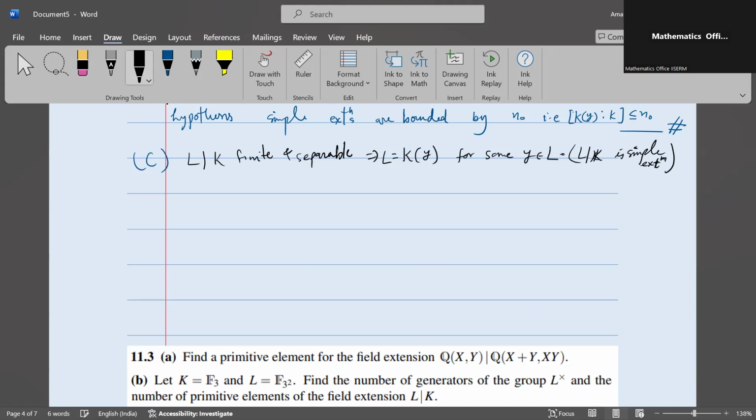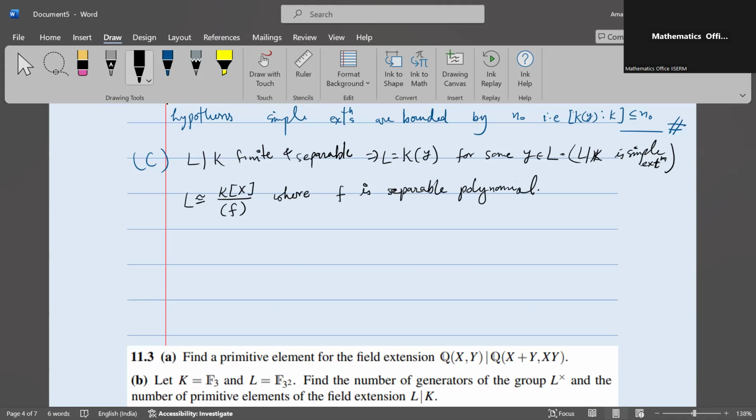So from here we see that L is isomorphic to K[x] modulo some f, where f is a separable polynomial. f has all its distinct roots.